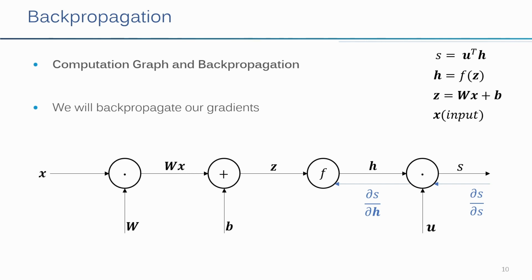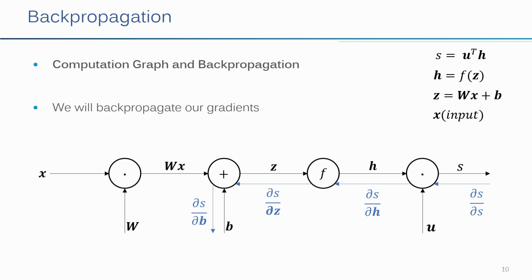For now, imagine that we calculate the derivative of our last stage, our S, then we apply the chain rule and start multiplying with the previous steps, in this case our hidden layer, with respect to H, and then with respect to Z, and then later on we'll get to the gradient for the weight that we're interested in. All right? This is pretty much what we do for backprop.